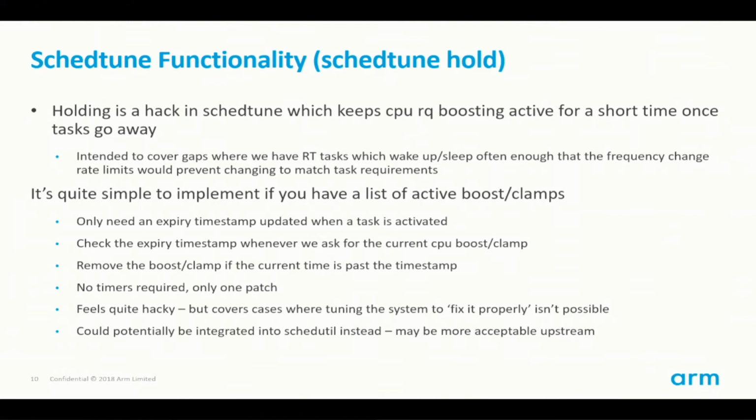Whenever we call boosted CPU util from SCED-util to figure out what frequency we should be using, that boost remains in place for a minimum of 50 milliseconds. And obviously every time the task wakes up, we extend it.